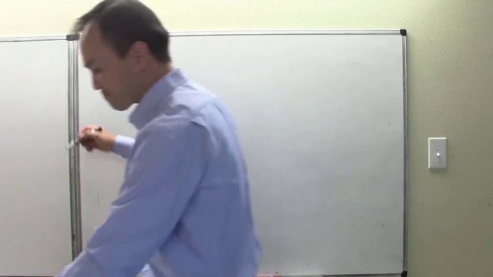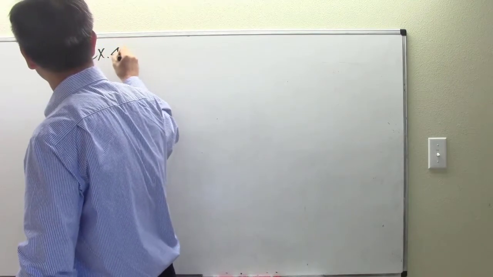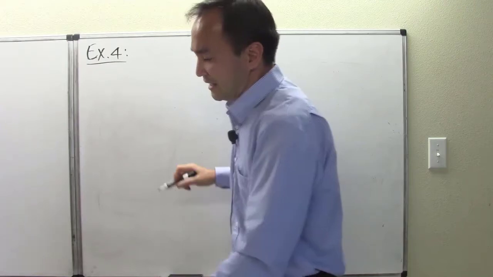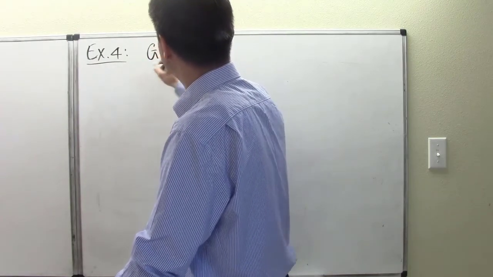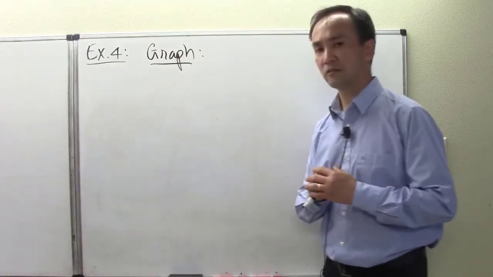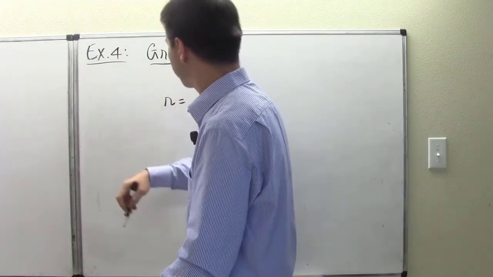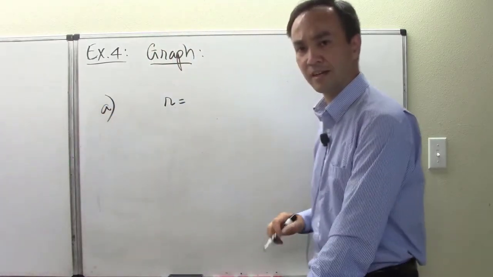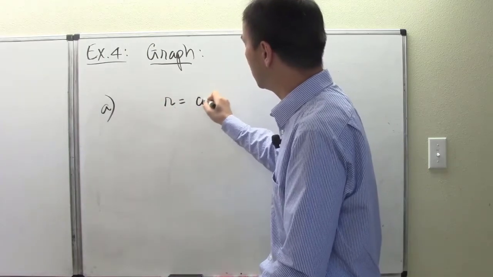So now let's get into example 4, where we will formally graph a polar equation. Let's call this part A. Let's graph the polar equation r equals cosine theta.